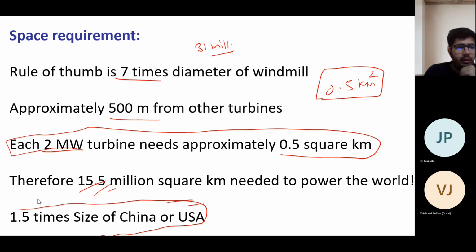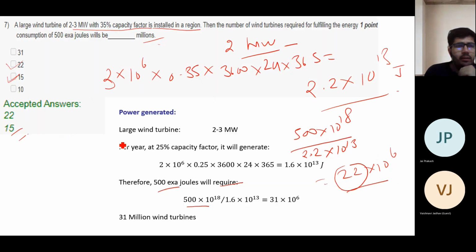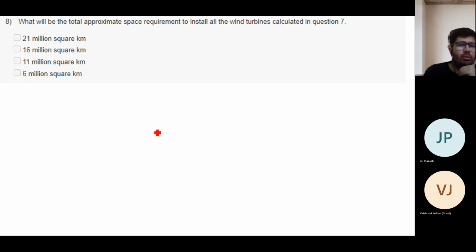To fulfill the annual energy requirement of the world, you require, as you have calculated, 22 and 15 million wind turbines. Now you have to find the space required to install these turbines. What will be the answer?